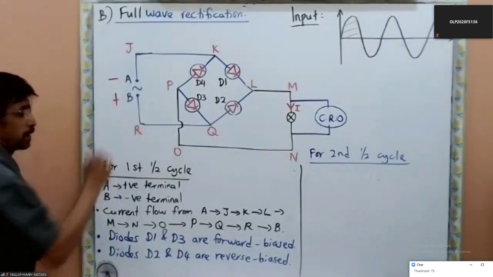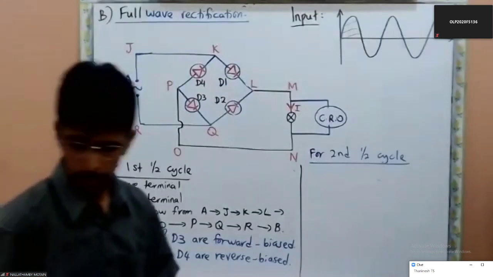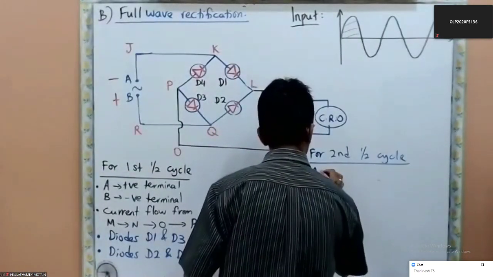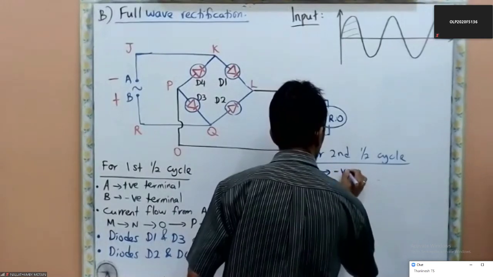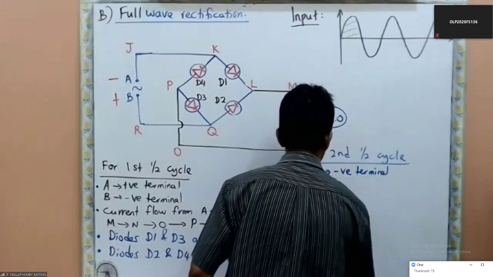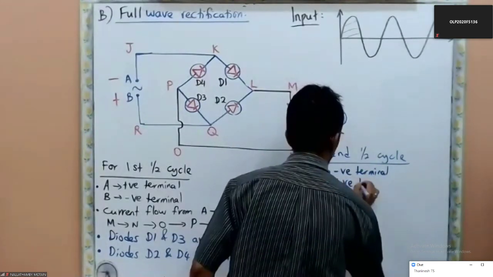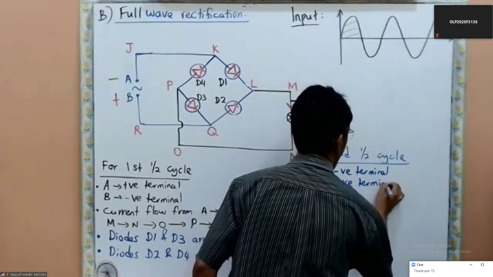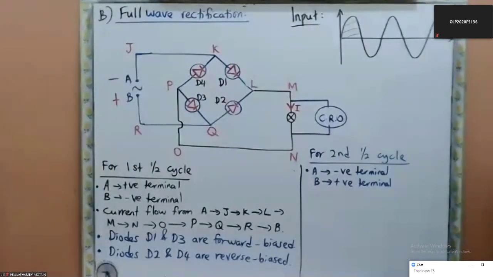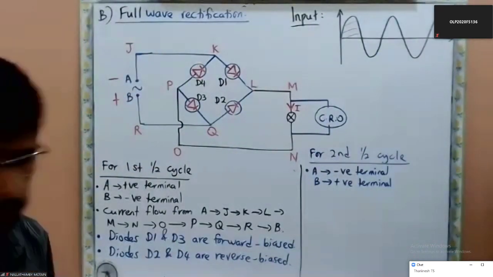A becomes the negative terminal, B becomes the positive terminal.